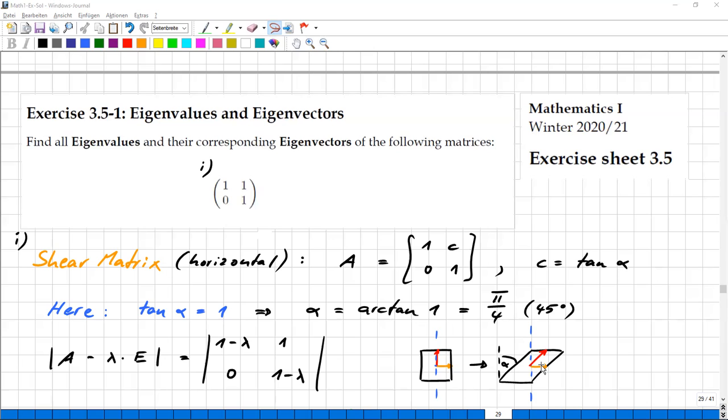Now, simply speaking, the main effect of such a shear operation is that you have a movement in this horizontal direction. Let's look at the vectors. The red vector, its endpoint is shifted to the right, while the orange one is not changed at all, because it's lying on the horizontal baseline.